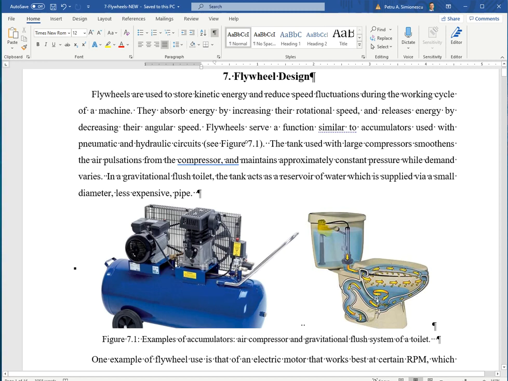But here, although it's a different type of accumulator, here's the example of a gravitational flush toilet, and you have a very small diameter pipe supplying, when the valve is released, the water getting back into the tank. So that pipe is small in size and inexpensive, and it takes some time to fill the tank, and then when it's needed, during a flush, there is a burst of water coming from the tank.